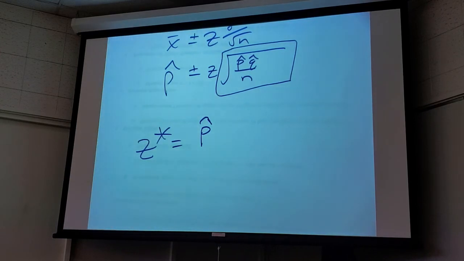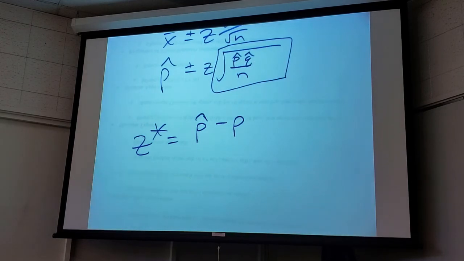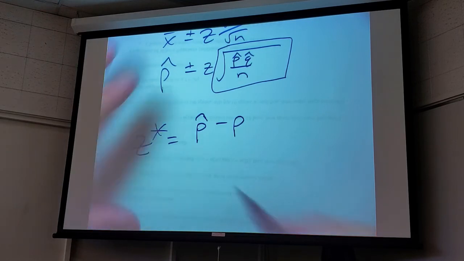Because that's the one that comes from the sample, minus the p from the claim. So the claim is going to be something like, I think that the percentage is at least 50% or something, right? So that'll be p 0.5. We're going to assume that's correct. So p hat minus p over the spread.